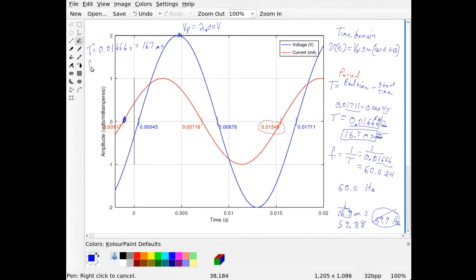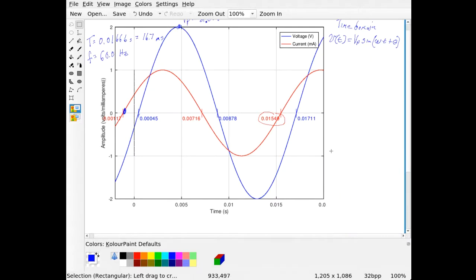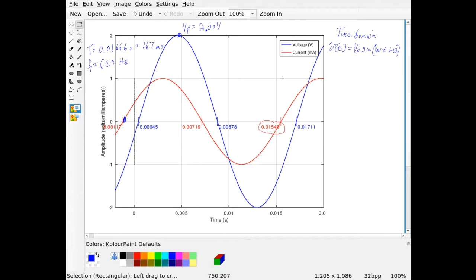And then the frequency comes out to be 60.0 hertz. I'm just going to record those there so I can then come over here and clear this bit of screen.